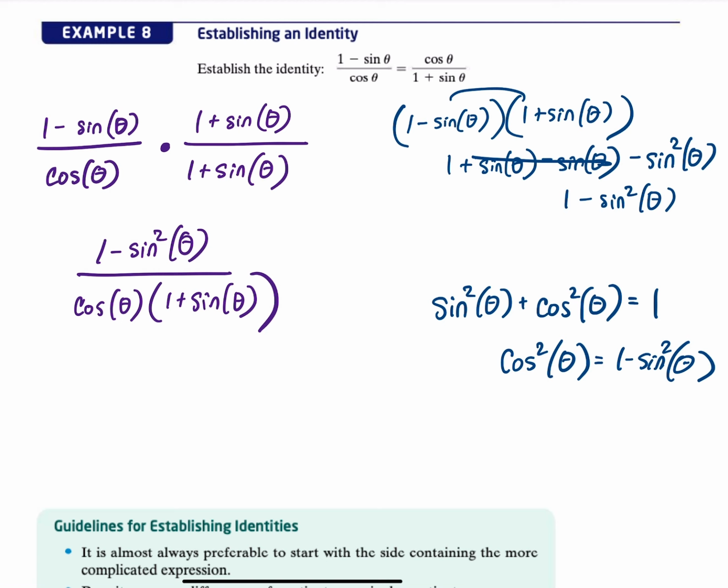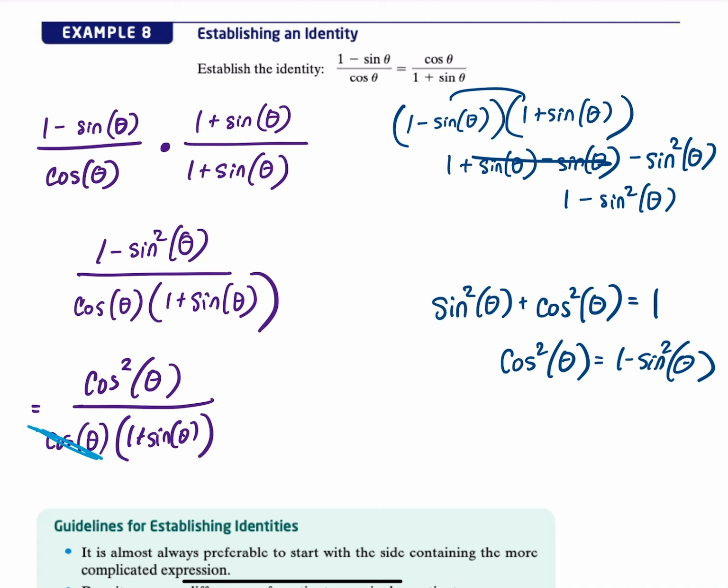So let's replace that 1 minus sine squared in the numerator with cosine squared. Then we have cosine on the bottom times 1 plus sine. And then notice here we'll get that cancellation we want, that cosine will cancel with one of these cosines.